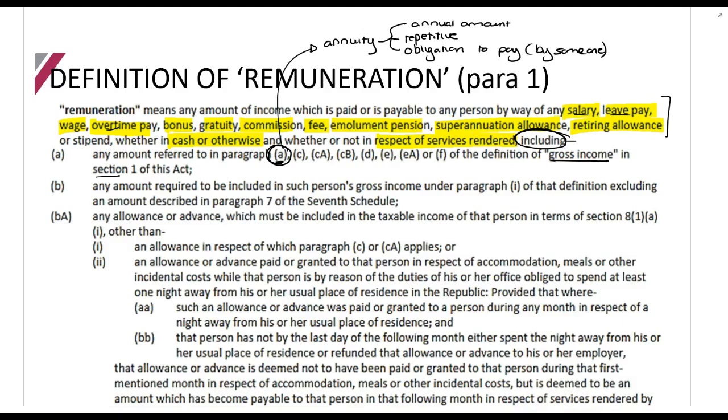It's not an annuity. But if you belong to a pension fund, for example, and they pay you an amount, remember how it works. With a pension and provident fund, all of the years that you work, you contribute to this fund.